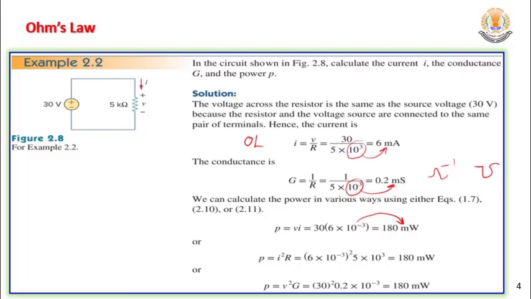R is 5 kilo, and I is 6 milli squared. Okay? So you end up with the same result. Or V squared G. V is 30, so it will be 30 squared times G, and G is 0.2 millisiemens. Milli, 10 to the power of minus 3. So you'll get the same answer. So as you can see here, you can get the power by 3 formulas. Okay?